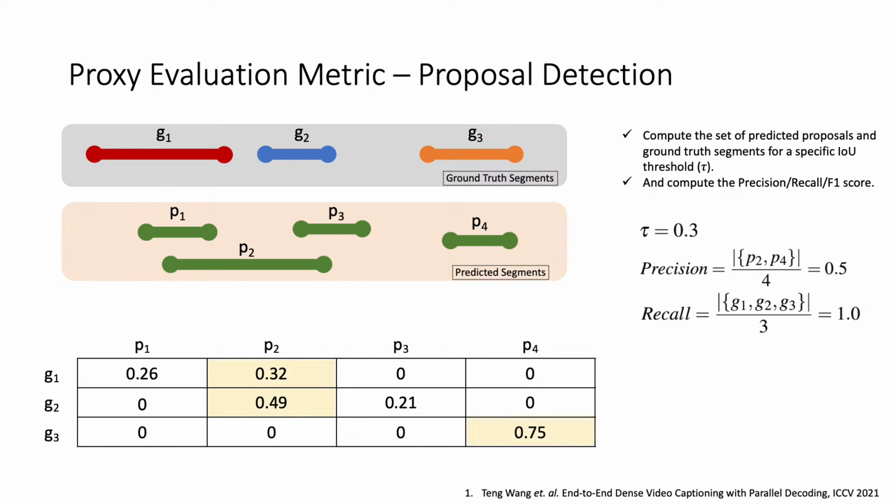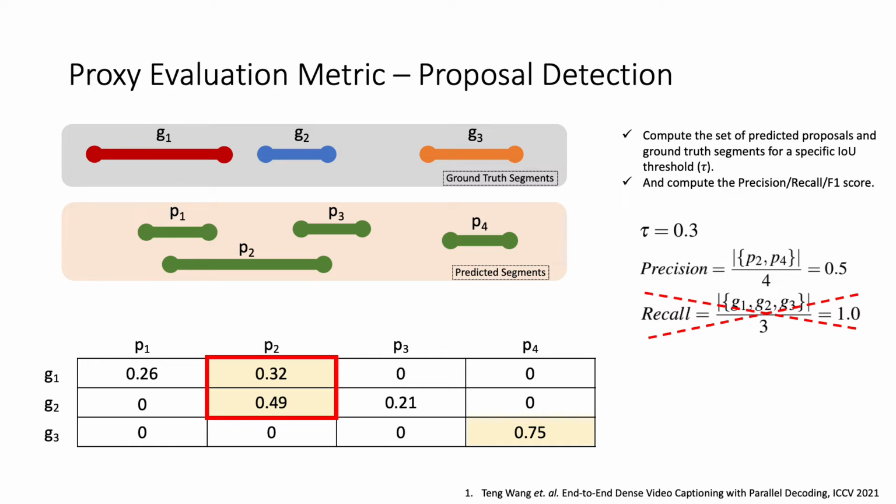For example, with the threshold of 0.3, we have two proposals P2 and P4 from the proposals, and the ground truth segments G1, G2, and G3. In this example, recall is 1 as the predicted proposals have full coverage of the ground truth segments.